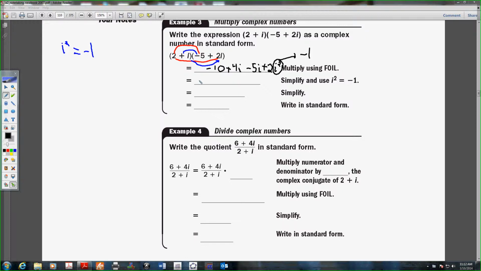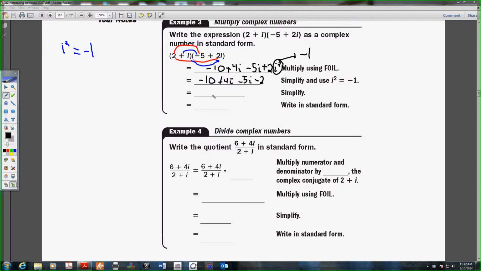So if I add correctly, we're going to have -10 plus 4i minus 5i minus 2. If you notice, I haven't put this in standard form.